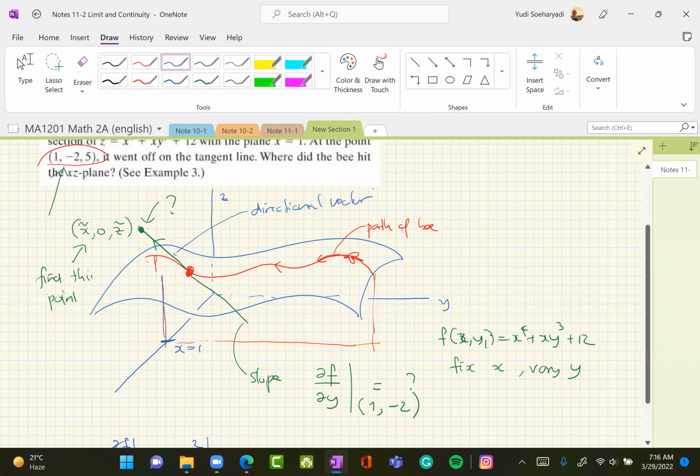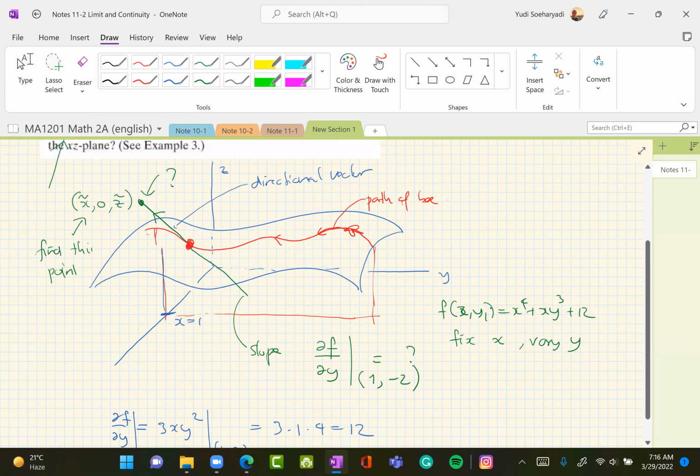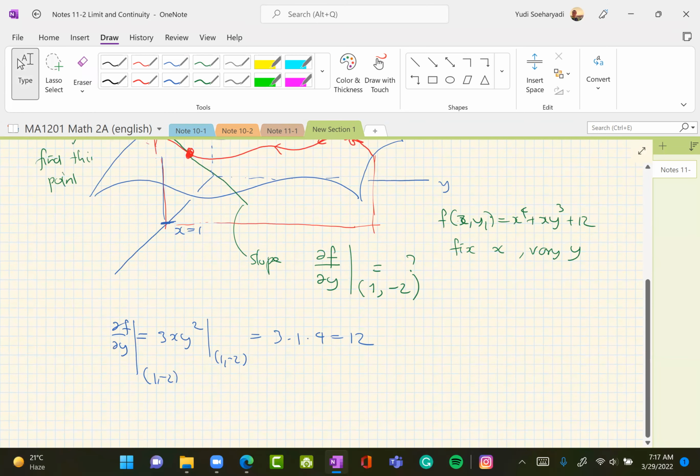So now we need the equation for the tangent line. Right. Okay.